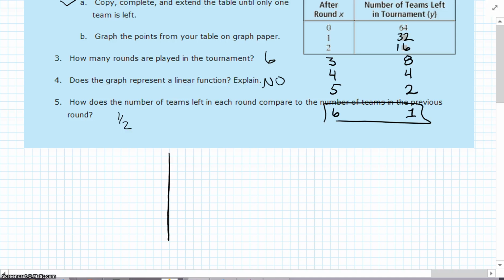Okay, we don't need a super accurate chart here.